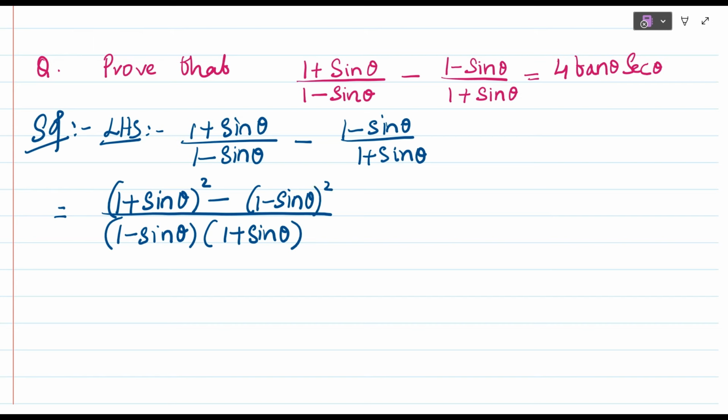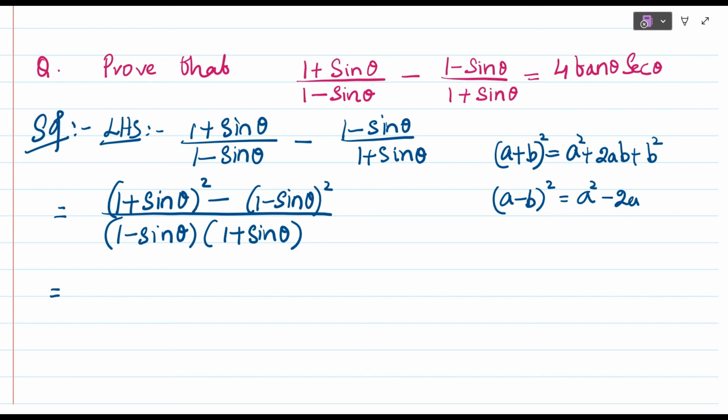Understood, students? So we know the identities, algebraic identities. A plus b whole square is equal to a square plus 2ab plus b square, and a minus b whole square is equal to a square minus 2ab plus b square. So we are going to apply these identities in our numerator.